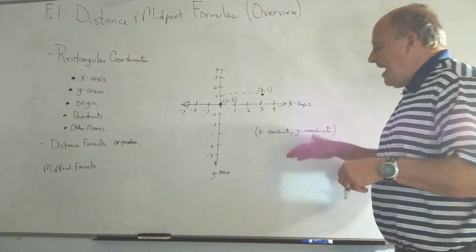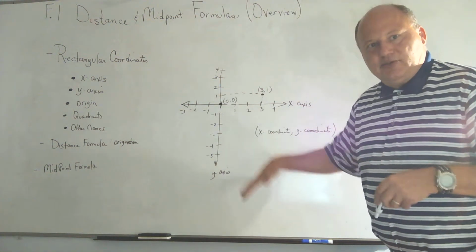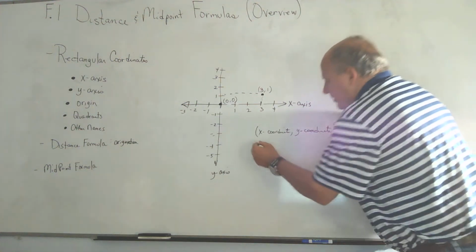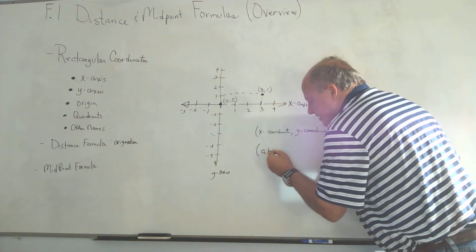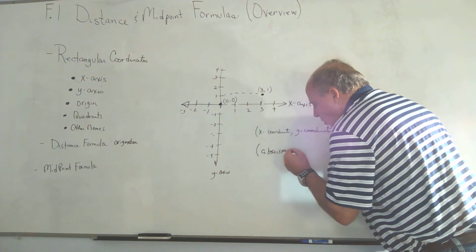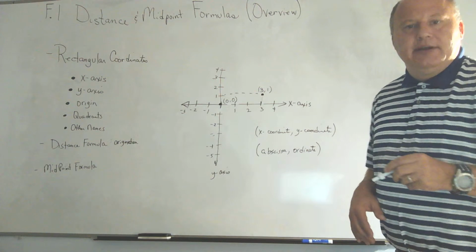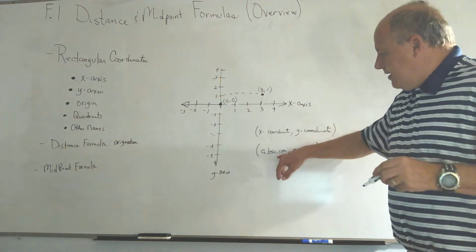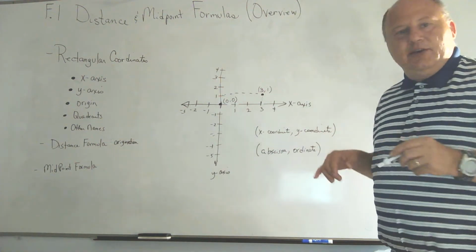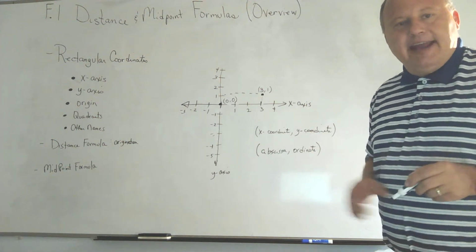And this actually has other names besides x-coordinate and y-coordinate. It also has something called abscissa. That's your x-coordinate. And the ordinate is the y-coordinate. Okay? So the x-coordinate is the abscissa and the y-coordinate is the ordinate. Now, why? I've never heard of these names before.